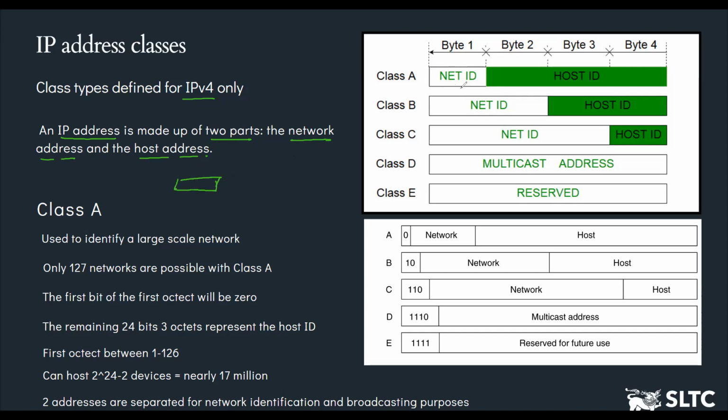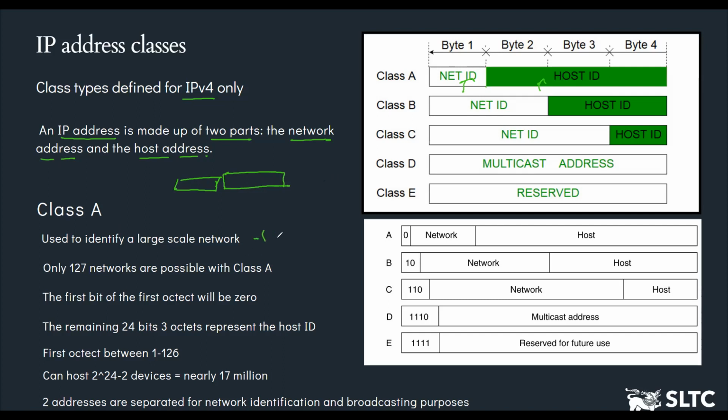That one we denote as the network ID. And the host ID is given from the rest of the IP address numbers, right? So the host ID is defined using the rest of the bytes. Once we go to class A, we can identify class A addresses very easily. Class A addresses are used to identify large scale networks.